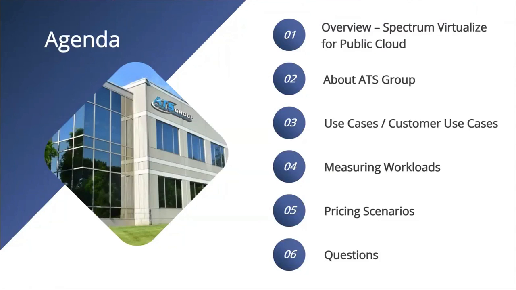Then we'll get into 4 or 5 real-world customer use cases. We'll talk about measuring workloads, and then a few technical things we've done in the past. We want to bring that to this session as well, where we'll show you about data reduction, Easy Tier, and how that applies to this solution in AWS. And then we'll give you a flavor on some pricing scenarios, just so you have an idea on what the solution may cost you based on certain capacity points that we've done. And then we'll have a Q&A at the end as well.